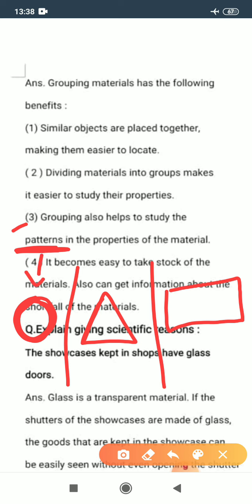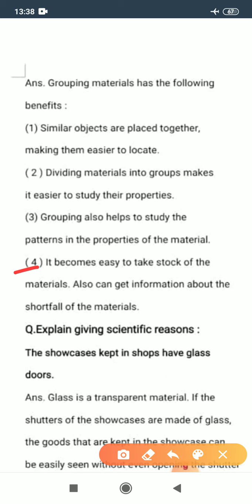So I am having 3 different categories of patterns. With the help of grouping by pattern, the study of properties of material becomes easy.